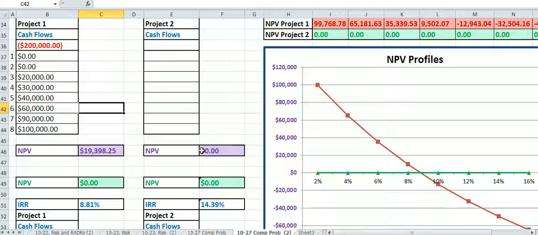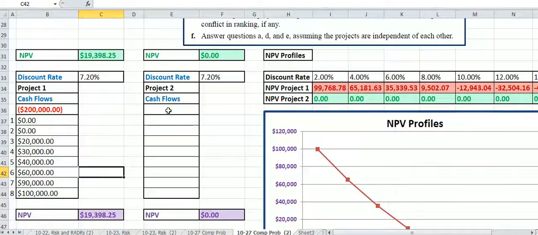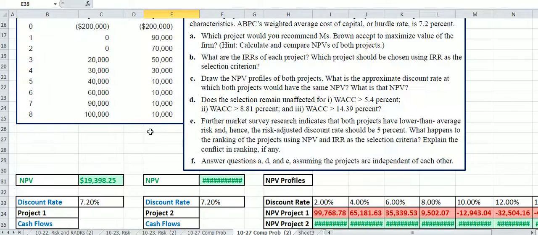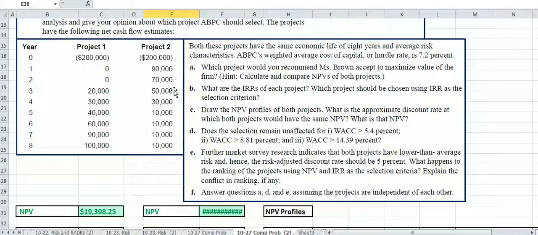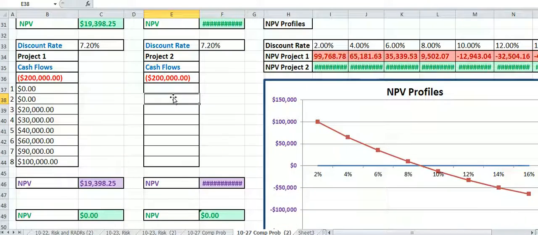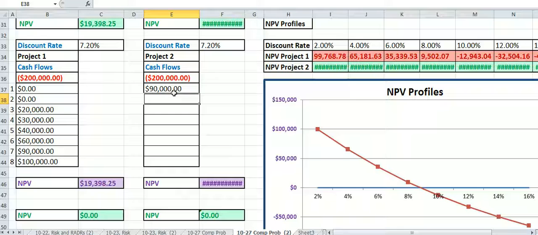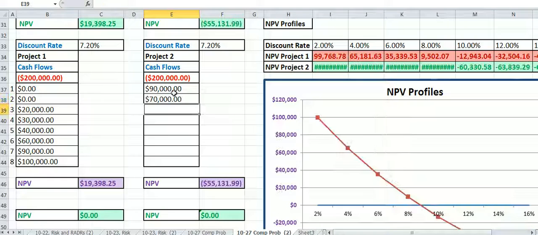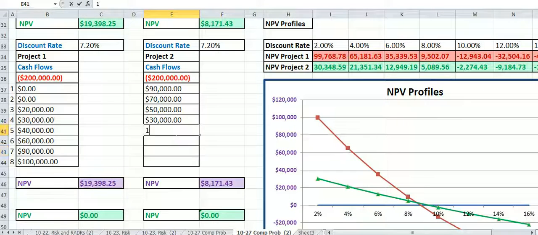Okay, so let's jump back and let's put in the cash flows for project 2. It's going to be a negative 200,000 again, and then we have 90, 70,000, 50,000, 30,000, and the rest 10,000.